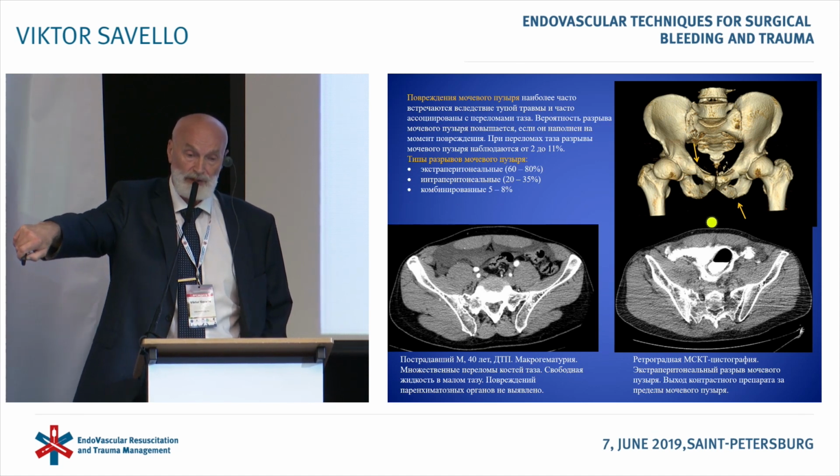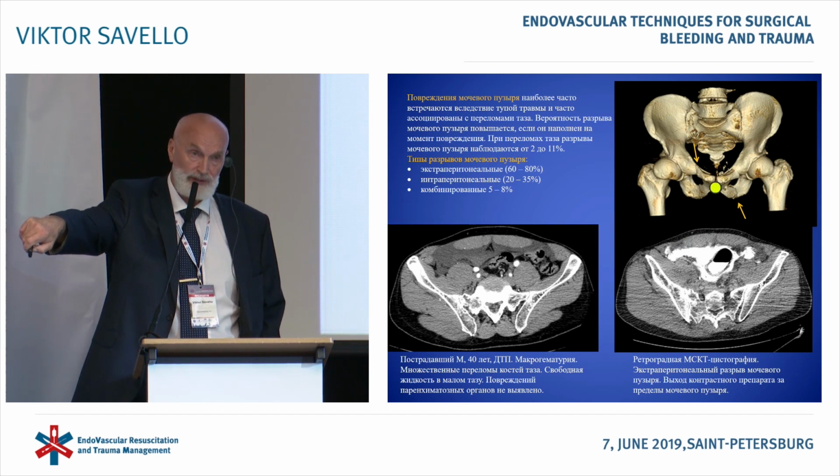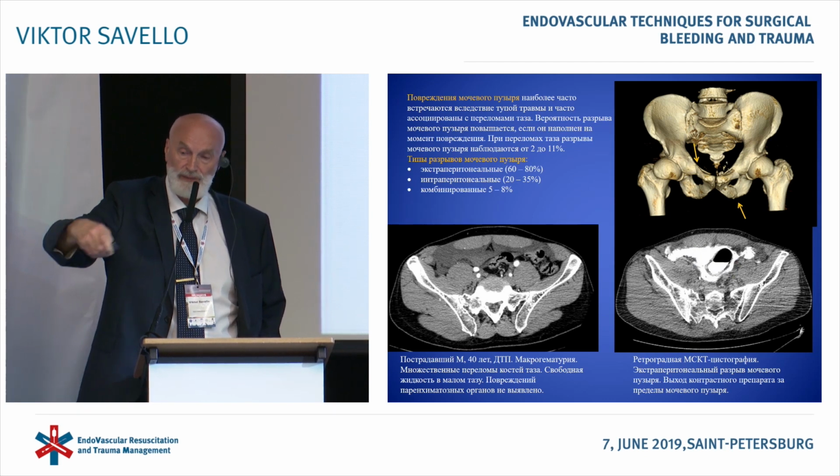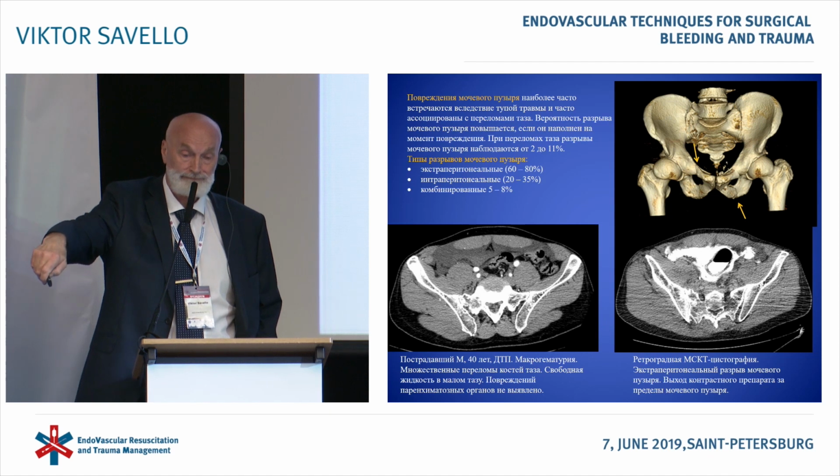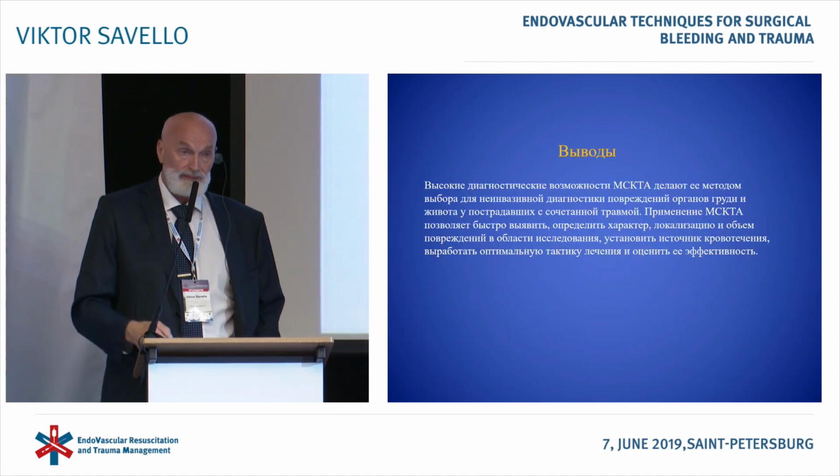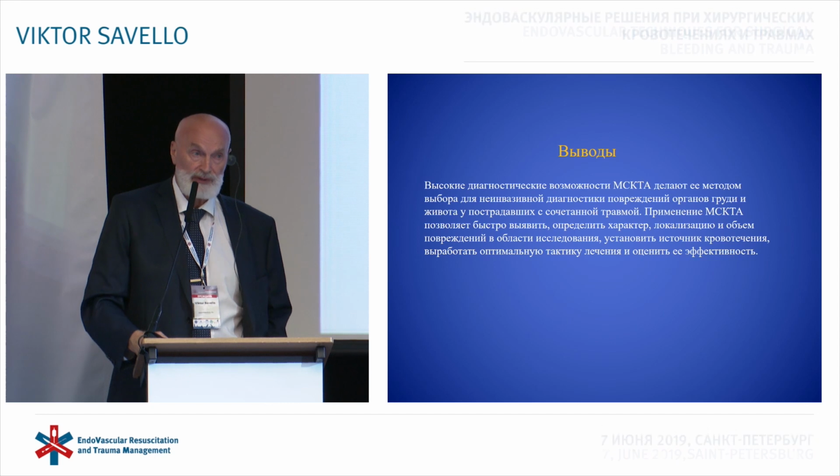But since the pelvic bones were fractured in a typical localization, we suspected the trauma of the bladder. We did CT cystography, and we saw that the contrast showed that urine went beyond the bladder, and it was an extra-abdominal rupture of the bladder.